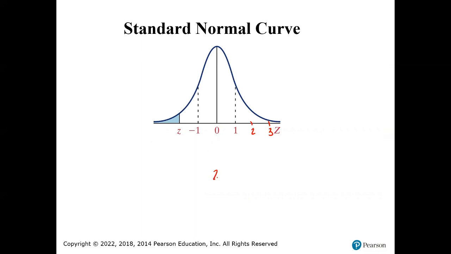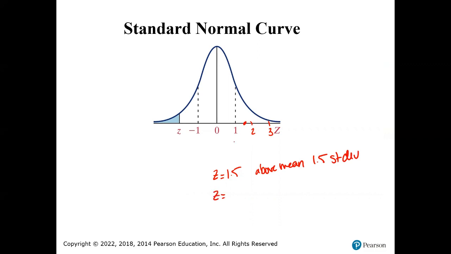If you had a z-score of 1.5, because it's positive, you would be above the mean by 1.5 standard deviations.